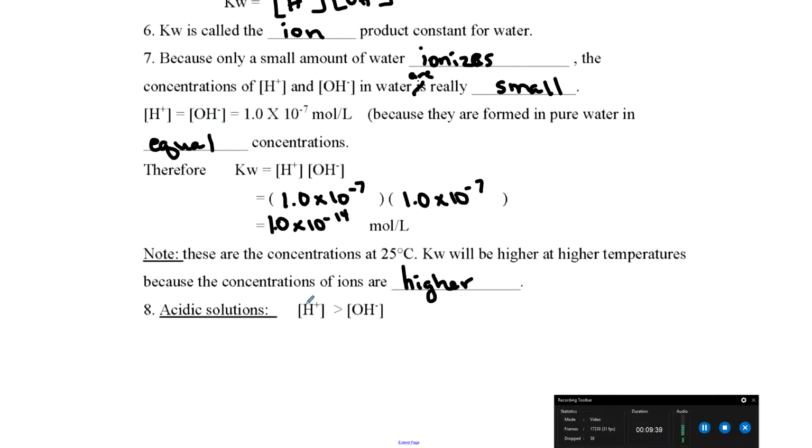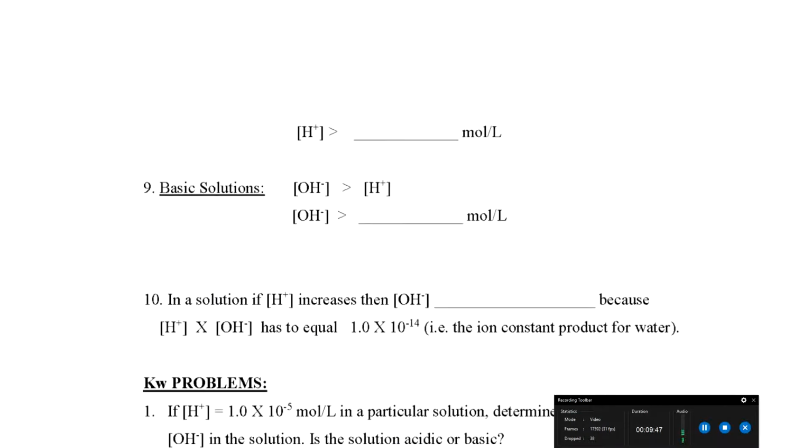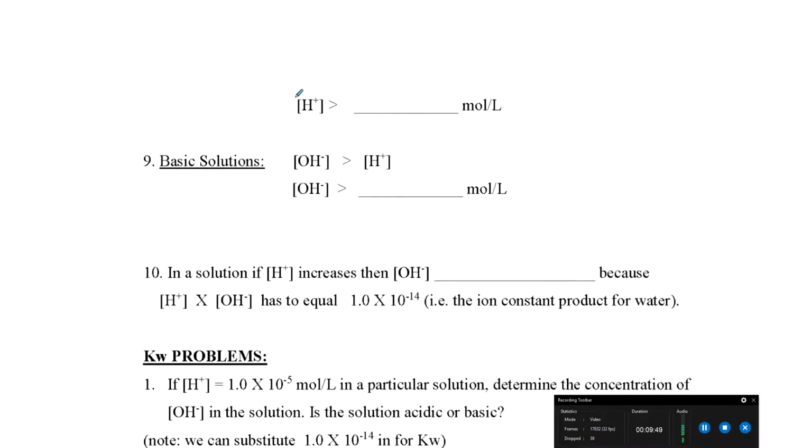If you end up getting a higher concentration of H plus than OH negative, so if our H plus ion concentration is greater than 1 times 10 to the negative 7, then we have an acidic solution.